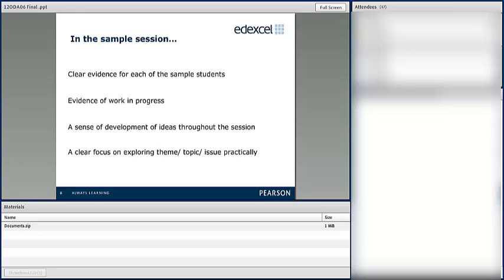If, however, you can't do that because you just actually need the space for your very large group of students, just remember to make sure that those students who you're expecting to be some of your sample students, and you may have a number of candidates, make sure they're in that area that can be seen. So if some students drift out with a large group, it's not ideal, but it's not the end of the world. And we are all working in very, very different conditions.